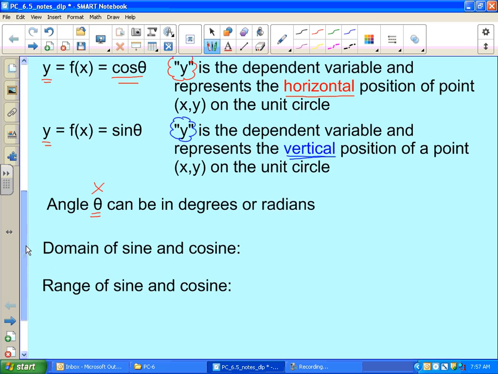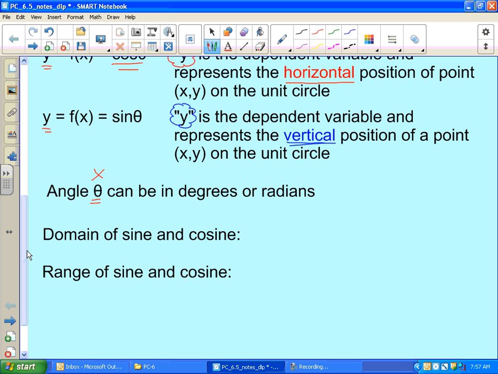We will always get a value that we can use for our angle, and therefore the domain of sine and cosine functions, we'll just use theta right now, but could also be x, is all reals. An angle can be anything. So that would be our domain, x, such that x or theta, depending on what we're using, is equal to all reals.